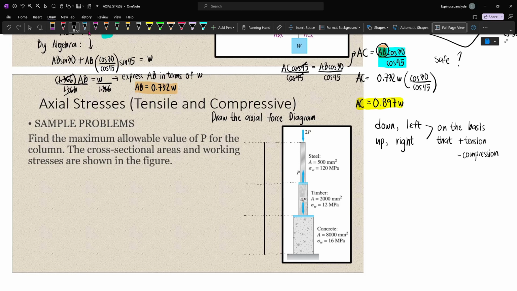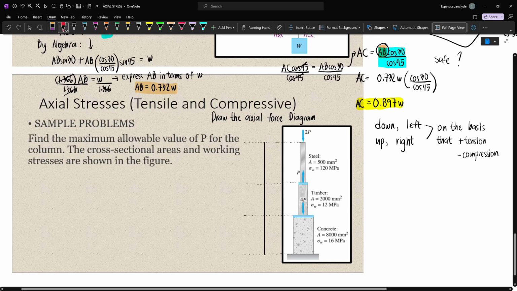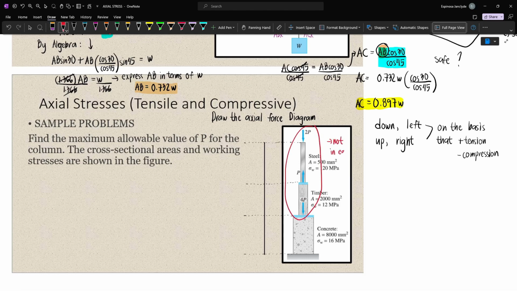Now that we have made that clear, we will first solve the normal reaction at the bottom, because notice that our body is not in equilibrium. How do we know this? If you sum up vertical forces, they will not equal 0. Minus 2P plus P minus 4P is negative 5P, and thus we have a net compressive force.